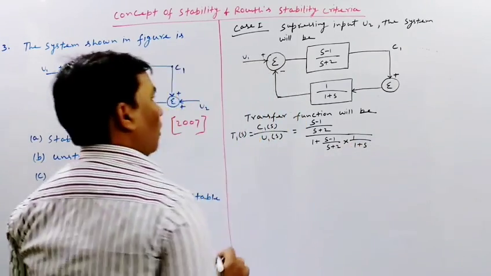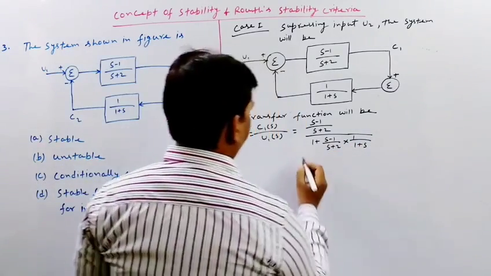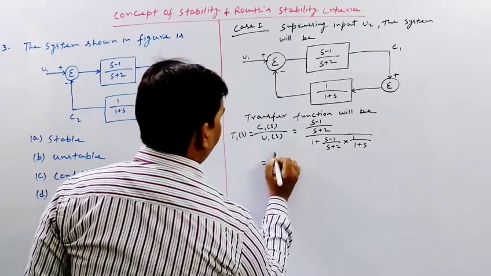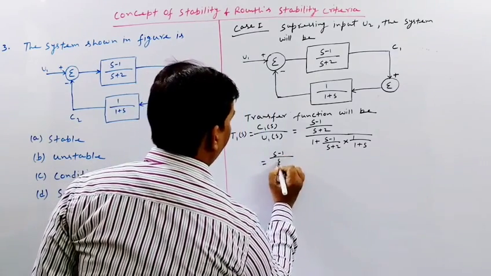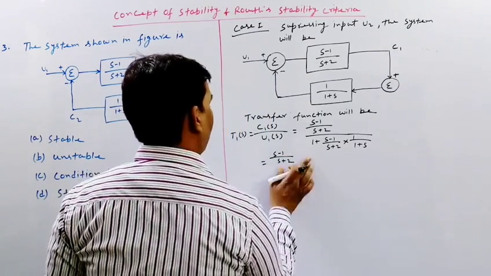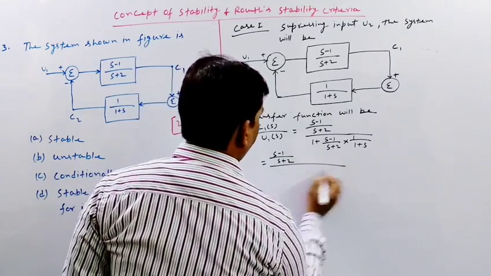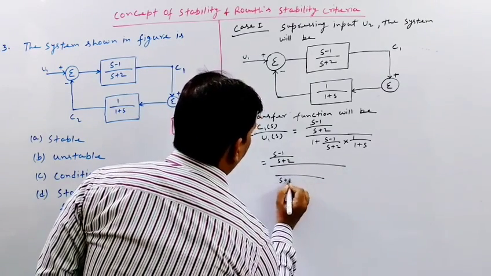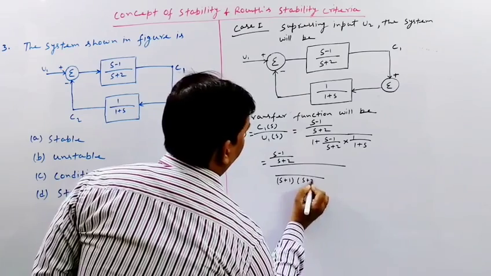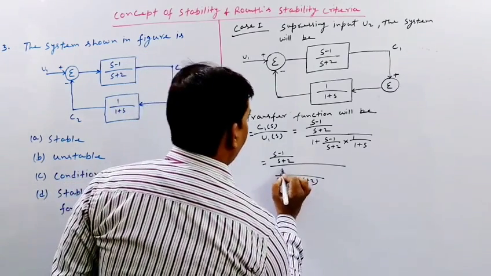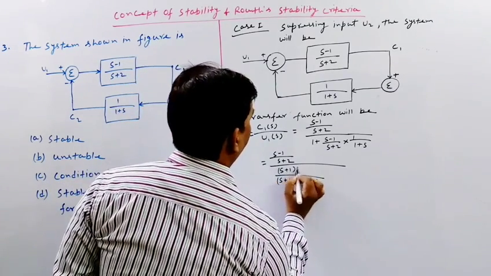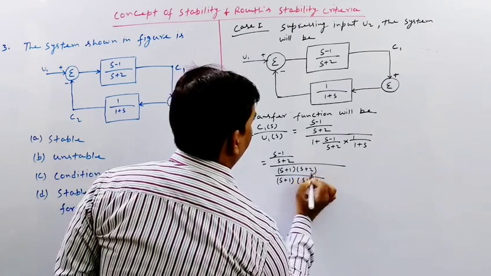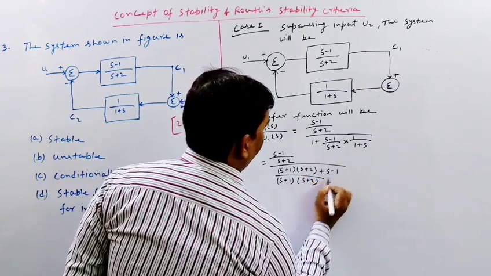Okay. Now we have to add these. If we add, then it will come (s minus 1) divided by (s plus 2), divided by (s plus 1)(s plus 2) plus (s minus 1).